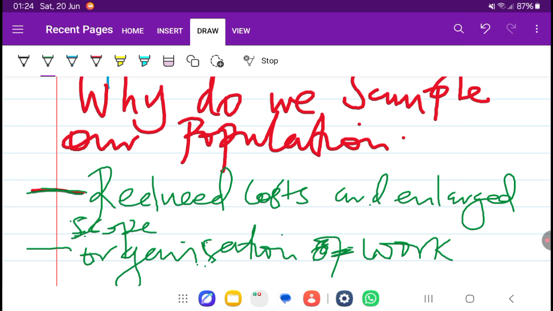So the moment you tell yourself that you are going to organize small groups of people and interview them, and they know what you are intending to achieve, of course you'll end up with accurate information.